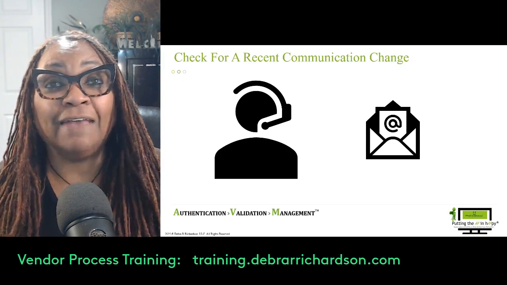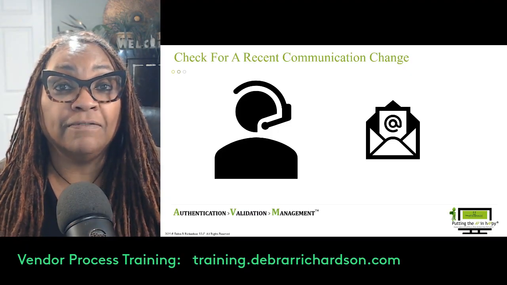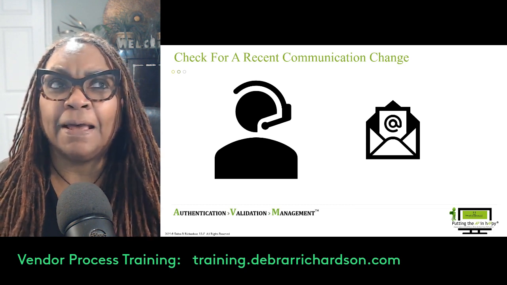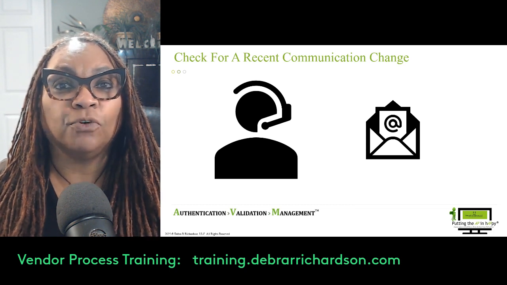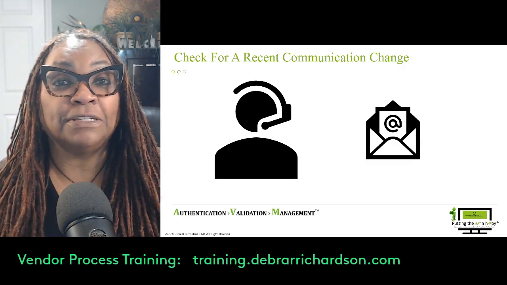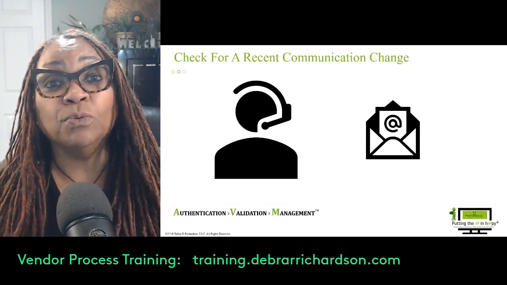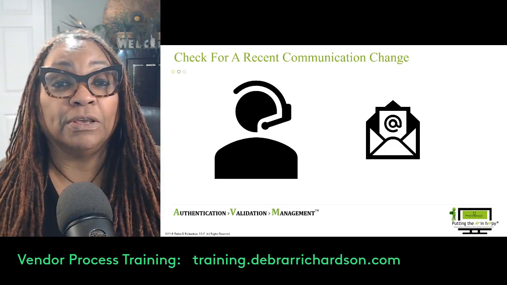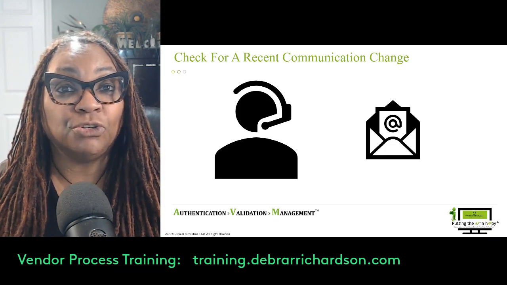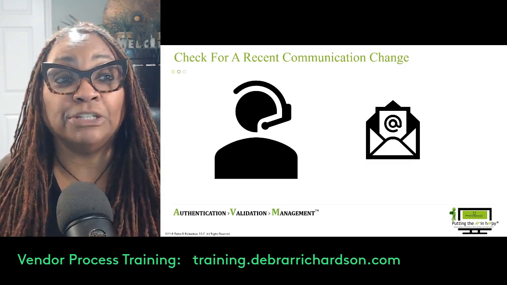And I actually got this idea for today's video, or Vendor Master File tip of the week, because there was an AI platform for email that would check if you received an email to say, hey, change my remittance information. They would check to see if you received a request from that same email address to make a change to their communication information, again because they know that you're going to make that confirmation call.